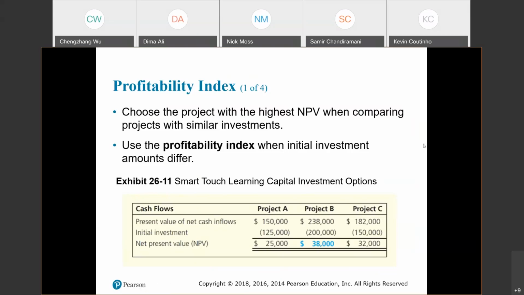So which one would you choose? We can see project B yields the highest NPV, but it also requires a larger initial investment than the other alternatives.